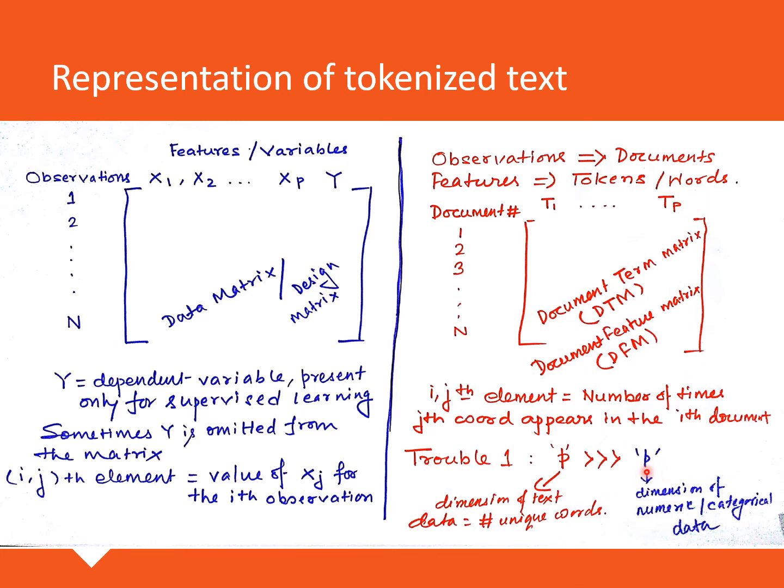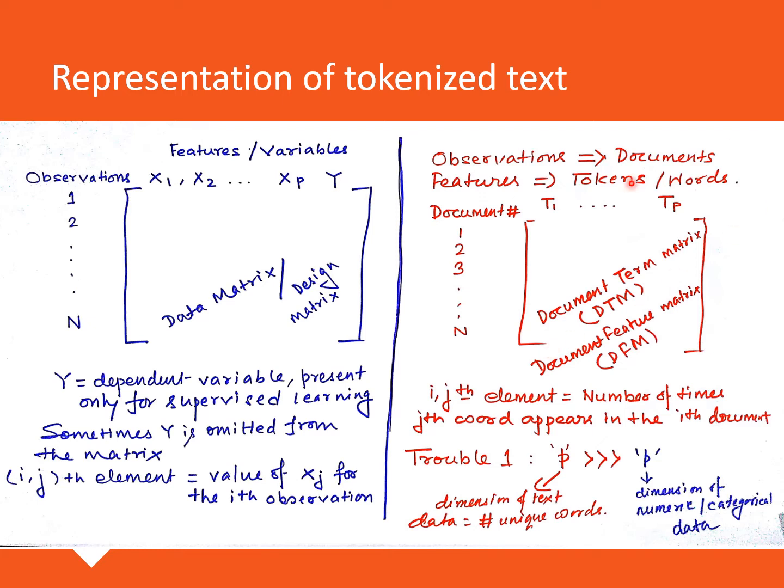significantly larger than what you are typically used to seeing in terms of dimension when you are dealing with numeric data or categorical data. So obviously the first problem that we face here is that this matrix becomes very high dimensional, at least with respect to columns, if not with respect to rows, because you are dealing with text data, and every column is representative of every unique word in the data.